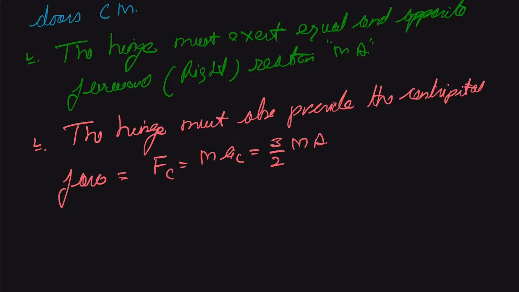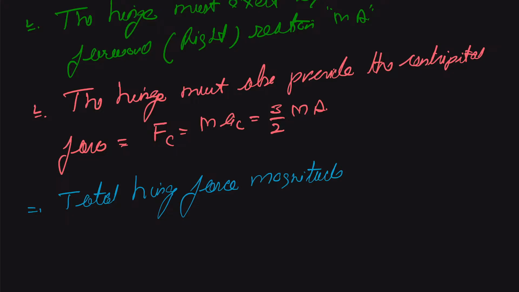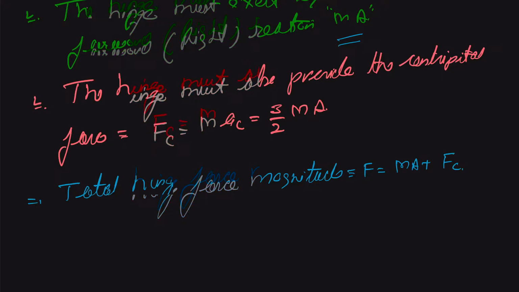Therefore, the total hinge force magnitude, let us call this F. So F will be equal to this ma plus our centripetal FC.